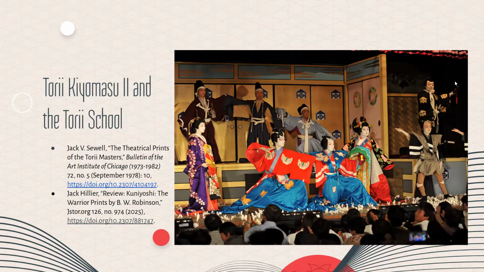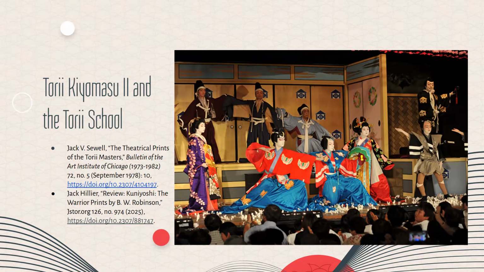So, Torii Kiyomasu II was an ukiyo-e artist who hailed from the Torii school of ukiyo-e artists who specialized in the painting of posters and signboards, as well as the designing of playbills and actor prints for the Edo Kabuki stage. And Kabuki is a Japanese theater which blends song and dance with the art of mime to convey emotion.